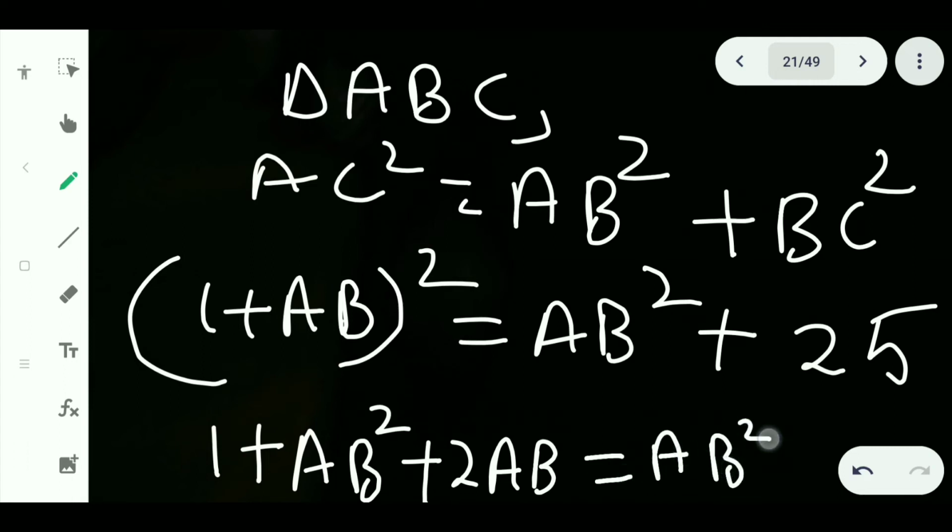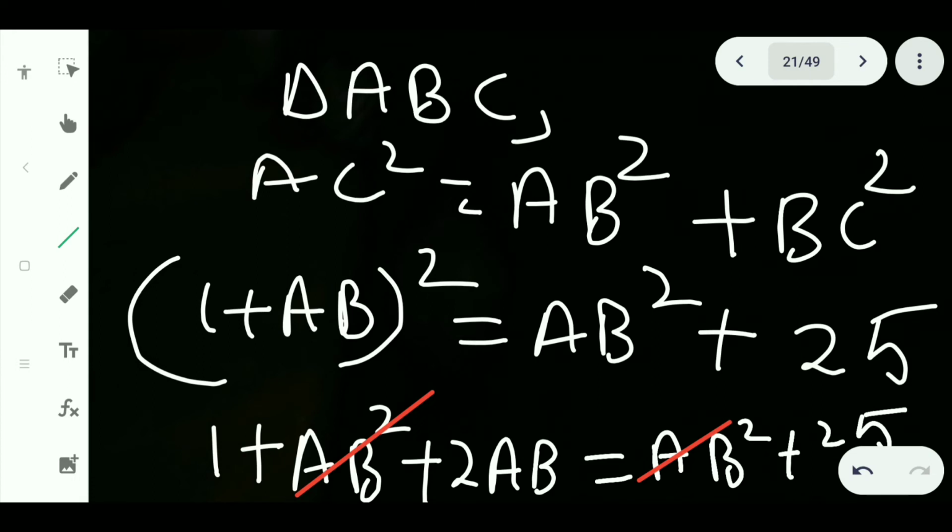AB square plus 25. So when you transpose this AB square onto the LHS, AB square minus AB square cancels. I'm cancelling this one.